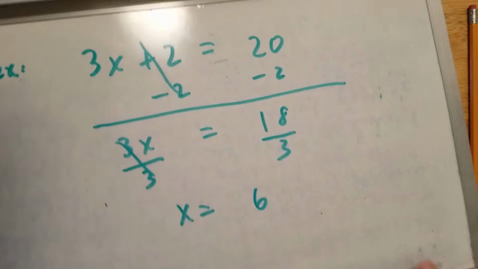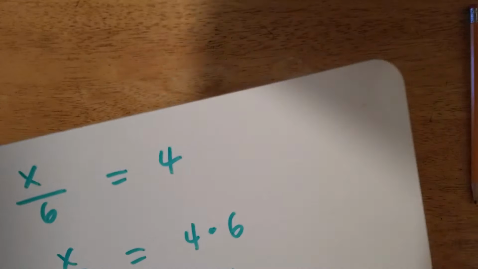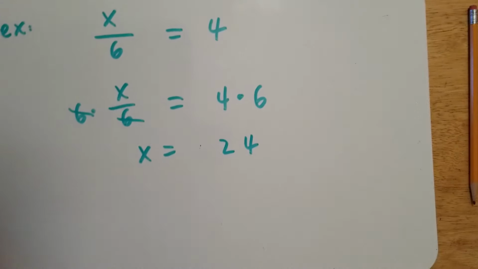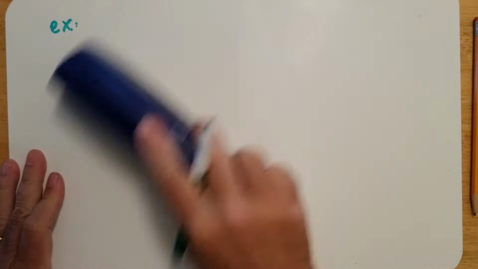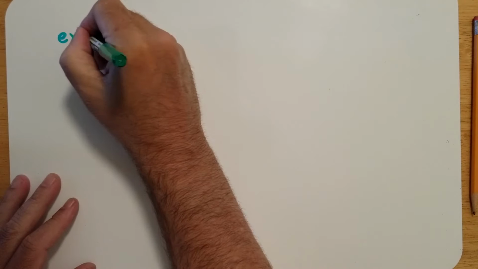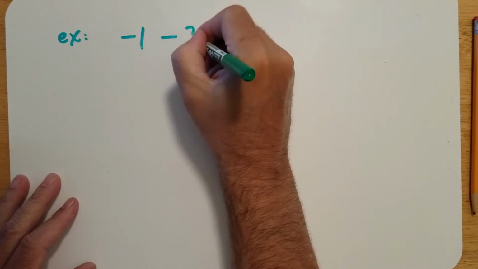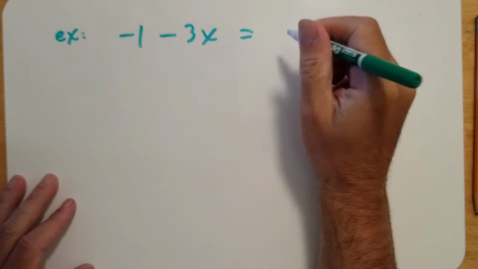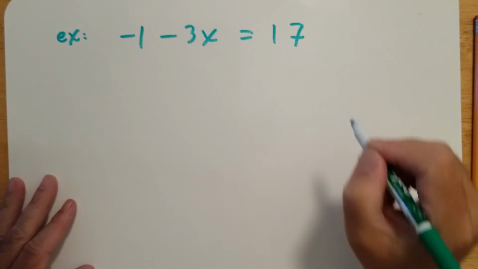Now, for the last example, sometimes they'll write things in a different order and throw in positives and negatives. So here's another example. It says minus 1 minus 3x equals 17.